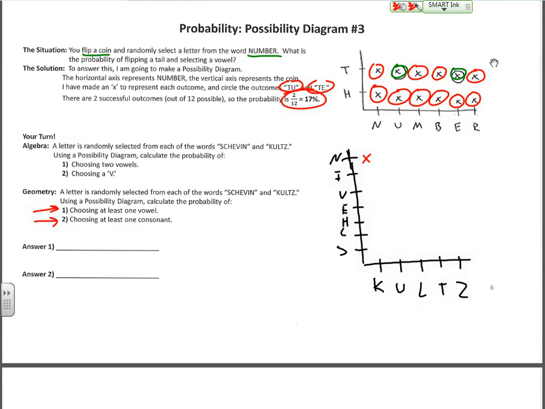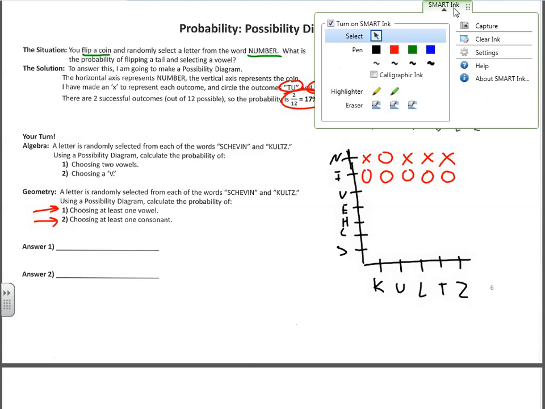No. Is UN? Yes. LN? No. TN? No. ZN? No. KI? Yes. UI? Yes. LI? Yes. TI? Yes. ZI? Yes. Right? You're going through all of the different possible outcomes to see what is successful and what is not.